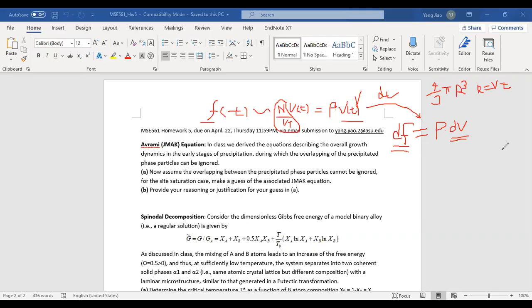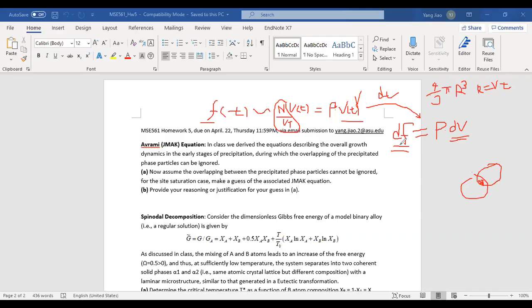But what happens in the later stage, when the two particles grow like that? Each of them is going to have an independent increase in volume, but because they have these overlapping regions, not all of the increase of volume, this dv, is going to contribute to the increase of df, right?